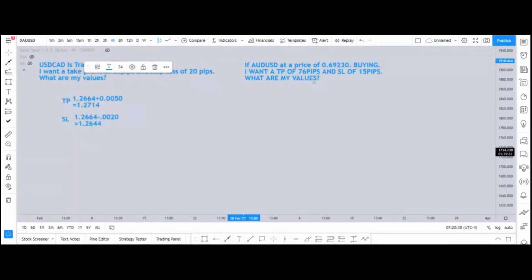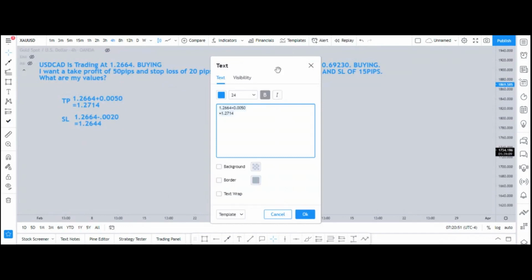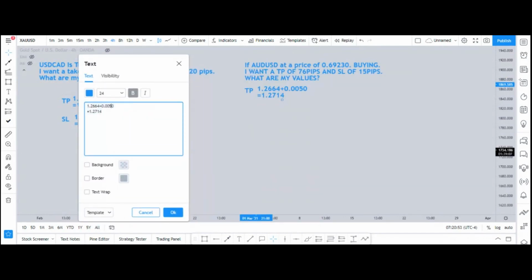Okay, so let's go. Let's calculate it. Let's calculate this. Now, AUDUSD is at the price of 0.69230. First thing first, I want to ignore the fifth decimal.